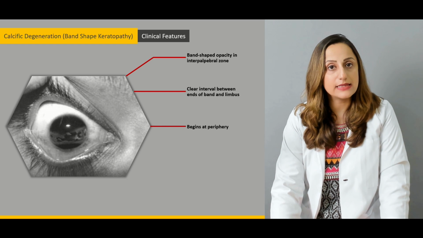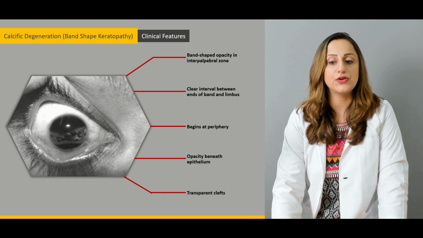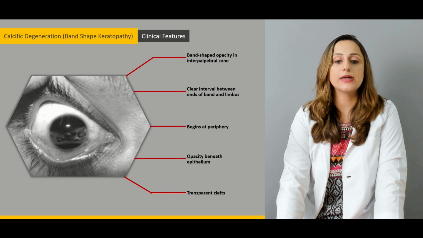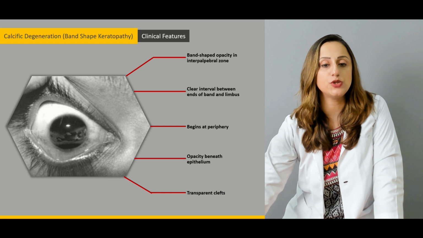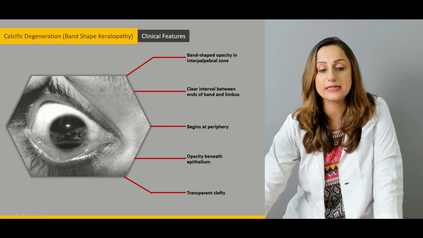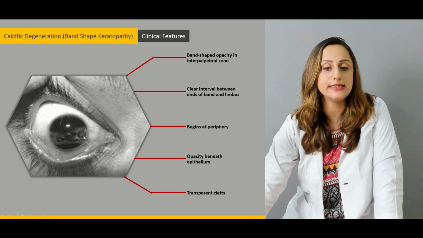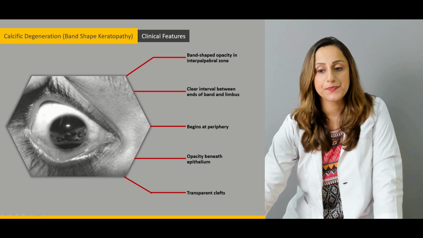It basically begins at the periphery, with opacity beneath the epithelium, and there are transparent clefts, as you can observe over here. This is not a full-fledged hazy band. There are transparent clefts in between, and they are particularly seen in these patients with calcific depositions.